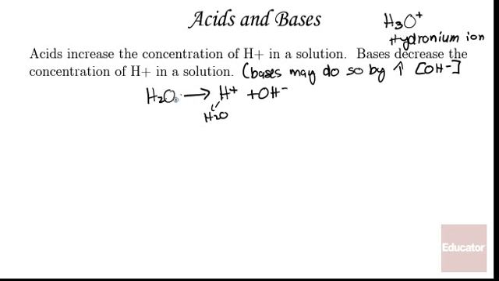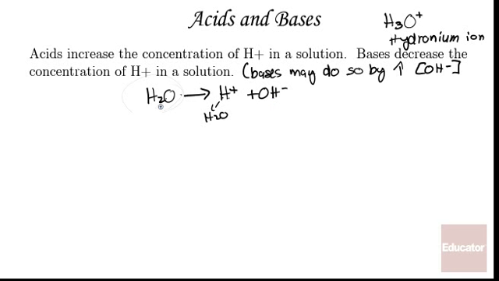So in this reaction, the equilibrium is very far to the left, and water is neutral. However, some substances do dissociate, and they are therefore very acidic or very basic. Water mostly exists like this, not a lot of loose hydrogen ions and hydroxide ions floating around, so it's pretty much neutral.